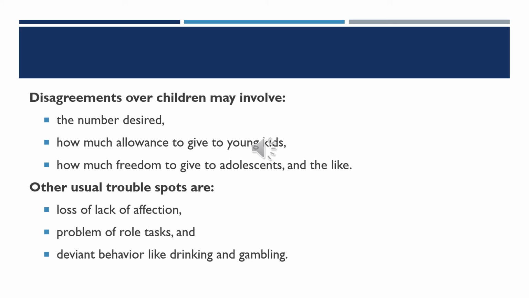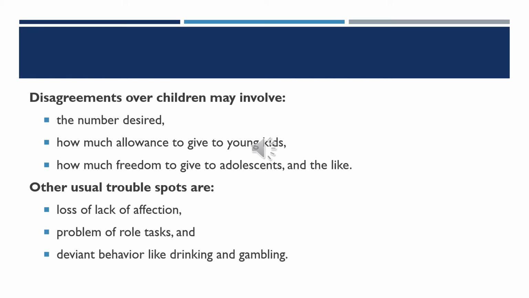Then other usual trouble spots are lack of affection. Yung mga batang or mga anak na napapabayaan dahil sa laging busy yung magulang, or problem of allocation of tasks, laging si panganay na lang yung naghuhugas ng pinggan, halimbawa, laging si panganay na lang yung gumagawa ng lahat ng gawaing bahay.